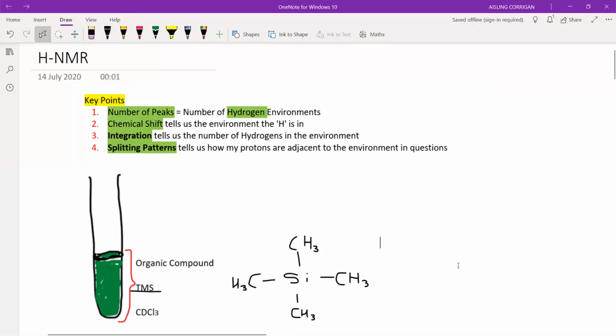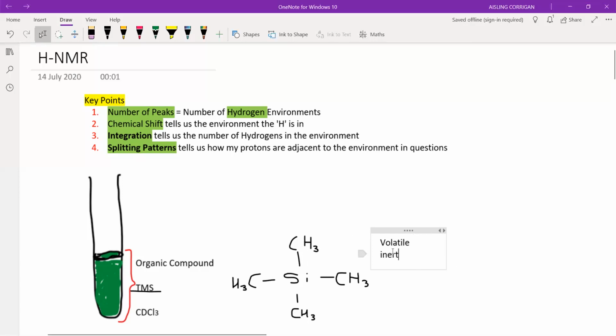It's important to know all of the reasons that are mentioned in the spec and in the book, because in the past they will give you 2 reasons. They might say that TMS is very volatile and it's also inert. Name other reasons as to why TMS is used in NMR.